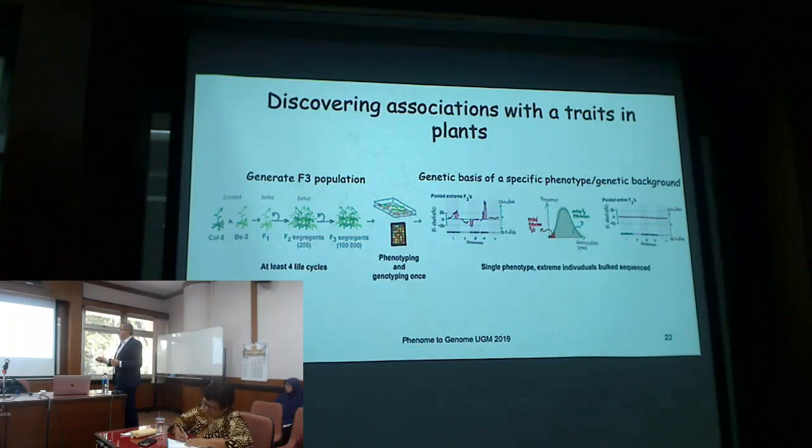Then we generate an F2, and then from there we generate an F3. And then we separate all the plants that are sweet on one side, and all the other plants that are bitter on the other side. We extract the DNA from all these plants, use the markers in the genome to tell us the genetic composition of each of them, make that matrix, okay, and then basically run the statistics.